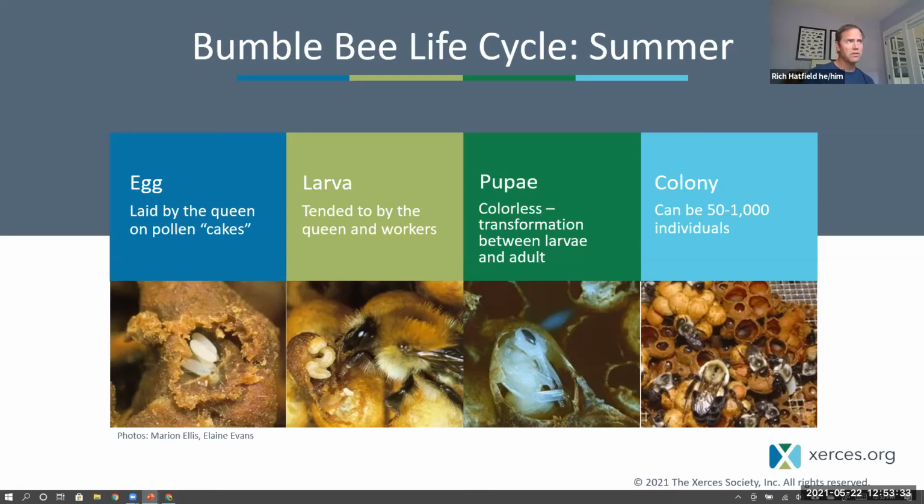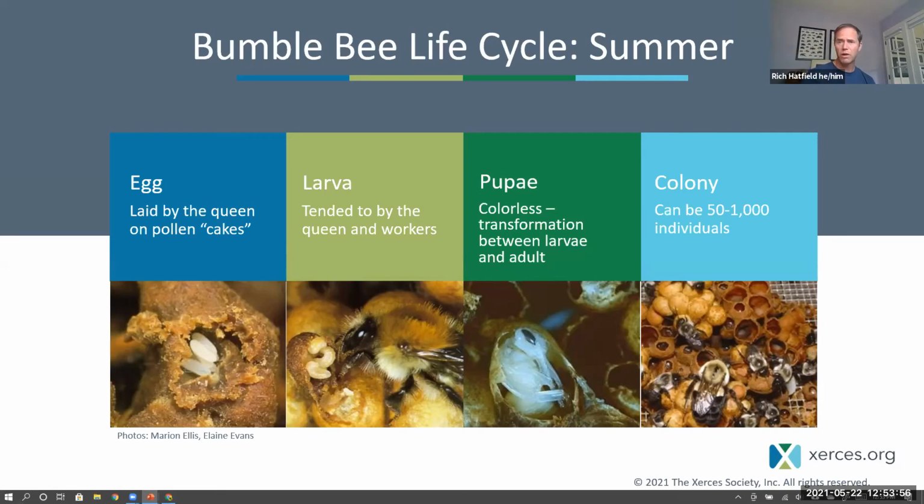And then eventually those larvae, after they've gone through a number of instars, like butterflies, go through complete metamorphosis. So they pupate just like caterpillars do, and then emerge as a winged adult. That process from egg to winged adult takes about 5 weeks, which is a fairly long time period.